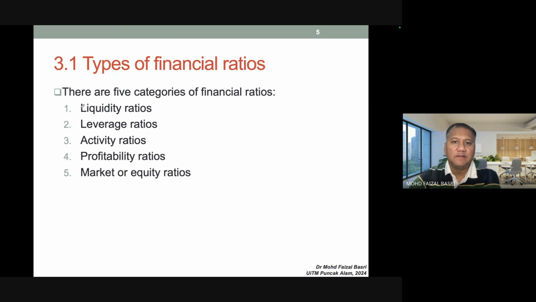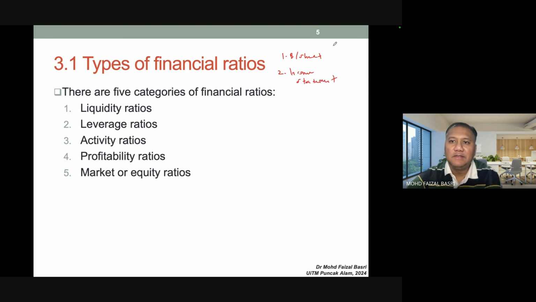And hopefully by now, when we are doing the financial ratios, you dah familiarize yourself. Okay, I ulang balik ni. The balance sheet's information and also the income statement. So this one kita dah go through last seminar.